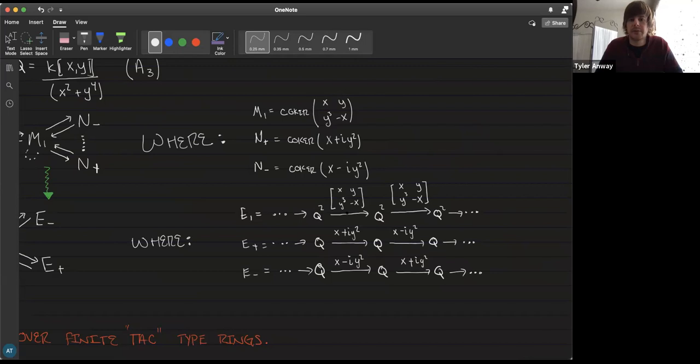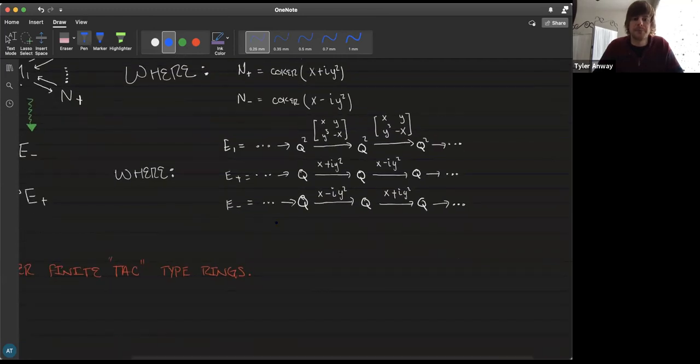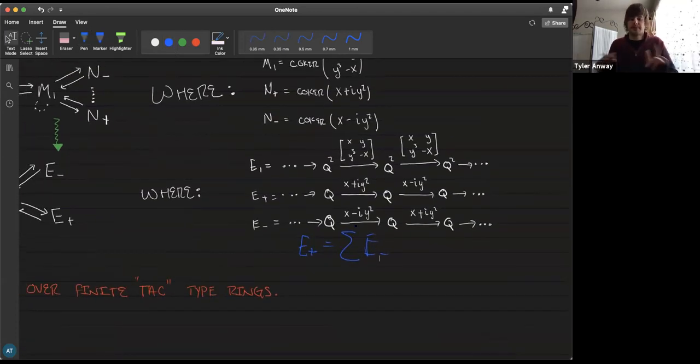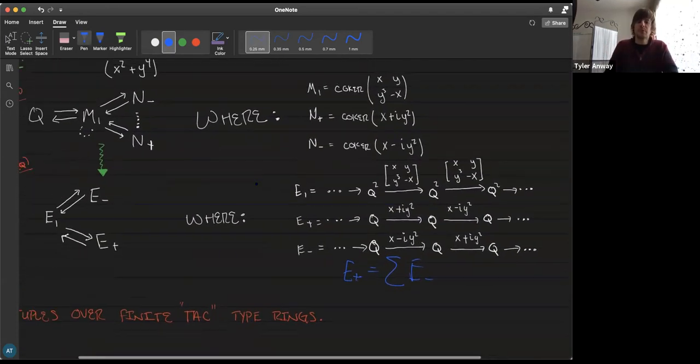So you'll note that here we have this periodic complex where the syzygies are actually this M1, and E plus has the opposite syzygy, x plus iy and x minus iy. And something interesting to note about these two is that E plus is actually just a shift of this E minus complex and vice versa.